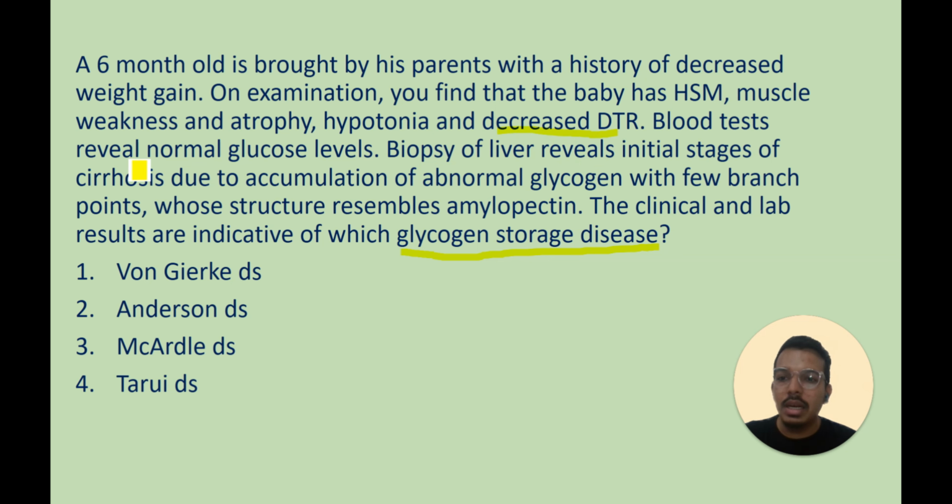Blood tests reveal normal glucose levels. Biopsy of the liver reveals initial stages of cirrhosis due to accumulation of abnormal glycogen with a few branch points whose structure resembles amylopectin. So this is a specific point which will guide us to our answer, that the answer for this question is Anderson disease.